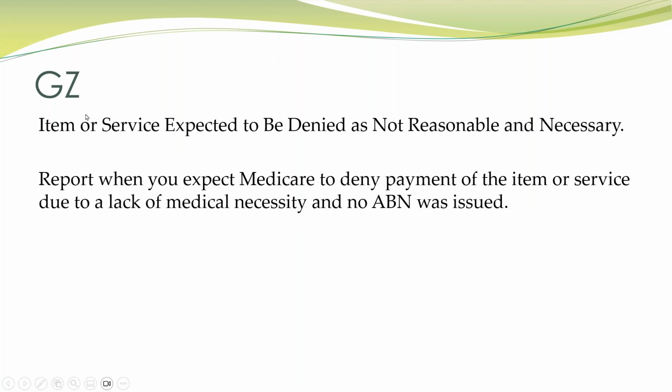And GZ means the item or service is expected to be denied as not reasonable and necessary. Report it when you expect Medicare to deny a payment or service due to lack of medical necessity and no ABN was issued. If you use these modifiers, just a heads up, it will result in an automatic denial.